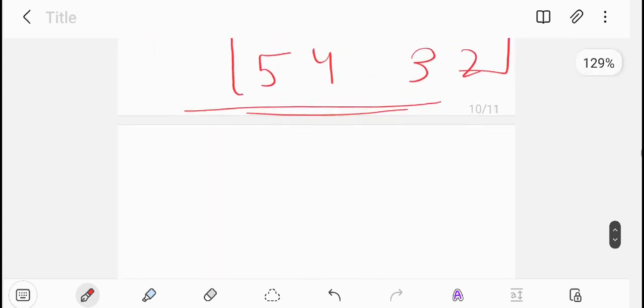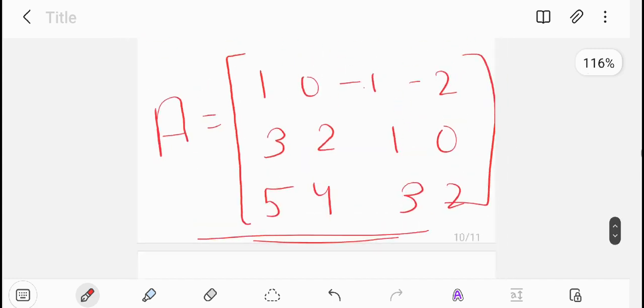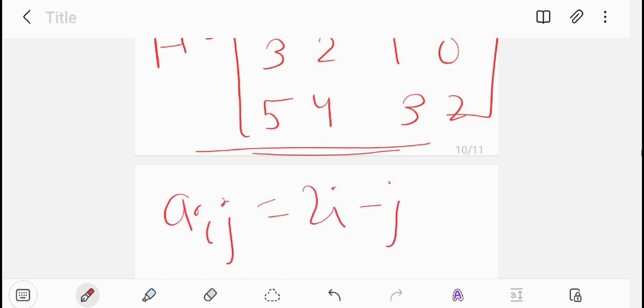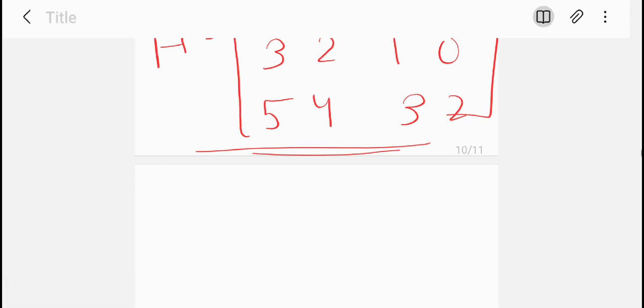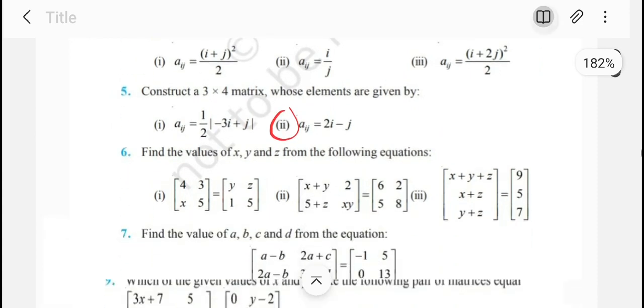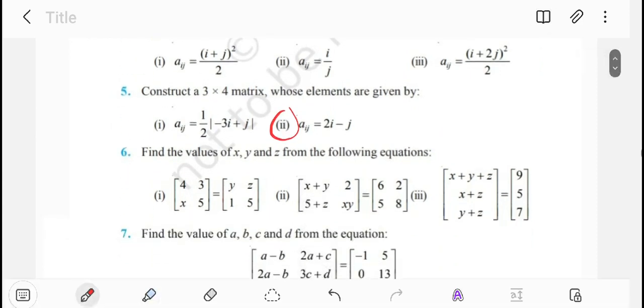This is a 3 by 4 matrix, as asked in the question, such that the elements follow this formula. I hope it is clear to you. Now let's check another question. So this part is your homework. I have discussed this part with you. Let me know in the comment section if you find any difficulty in solving this part.